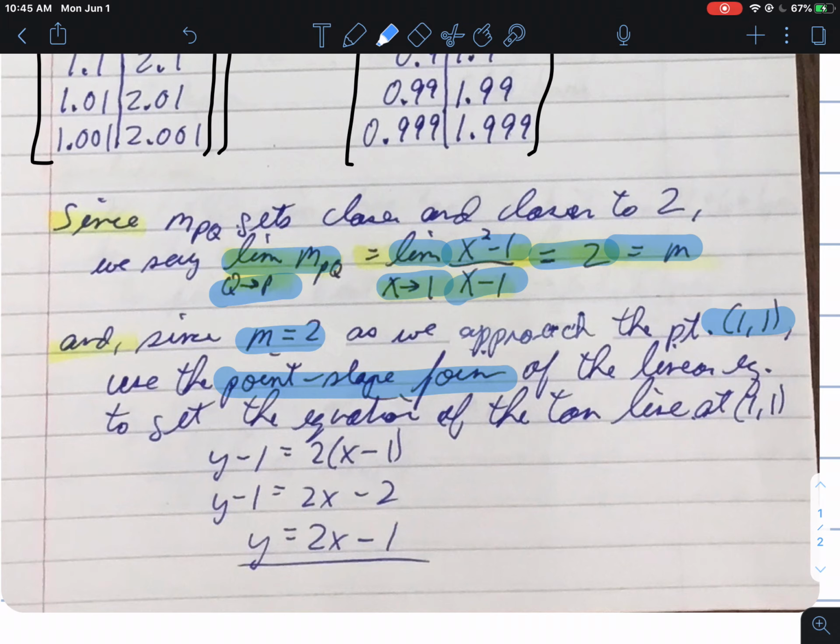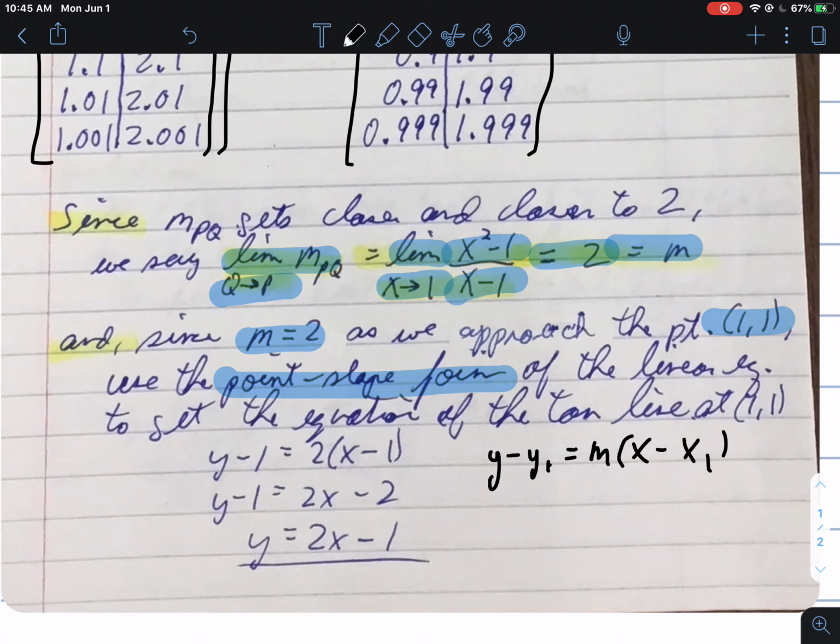Now, there's a couple of different ways that you can find equations of lines. Some of you, if you remember, may prefer to find the y-intercept and use that form. I like using this point slope form. Remember, y minus y1 equals m times x minus x1?